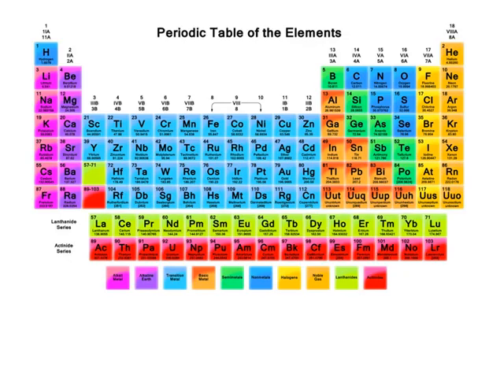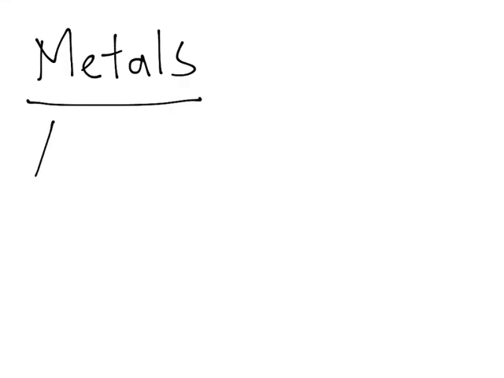Metals can have first, let's see. These are the alkali metals, this section, the light pink section. It's lithium, sodium, potassium, rubidium, cesium, and francium. These are what we call the alkali metals.